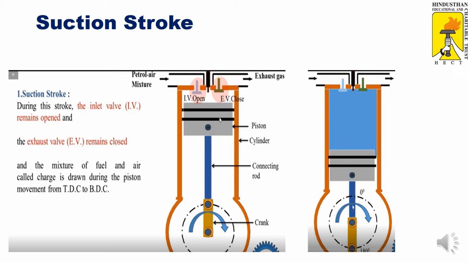As the piston moves from TDC to BDC, it creates a vacuum inside, so the inside gets low pressure. Atmospheric pressure is high and the pressure inside the cylinder is low, so due to the pressure difference, the air and fuel mixture enters the cylinder through the inlet valve.